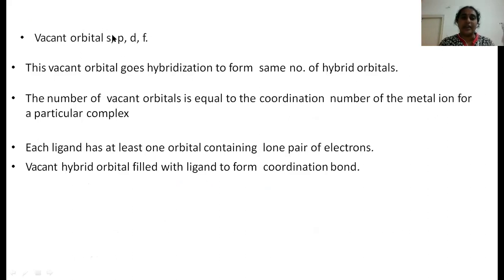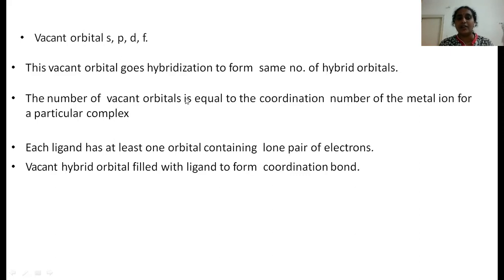So the metal has these vacant orbitals, and in the presence of ligands, they undergo hybridization and produce the same number of hybrid orbitals. The number of vacant orbitals is equal to the coordination number of the metal ion for a particular complex. If the number of vacant orbitals is 4, then the coordination number of that complex is 4.